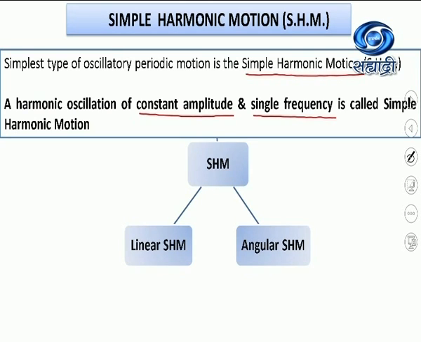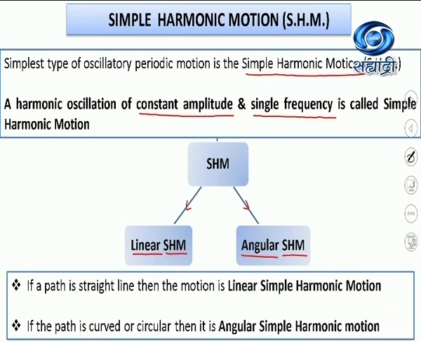Depending upon the path of SHM, the SHM is classified into two categories. The first one is the linear SHM and the second one is the angular SHM. If the path of oscillations, that is SHM, is a straight line, then the SHM is called linear SHM.